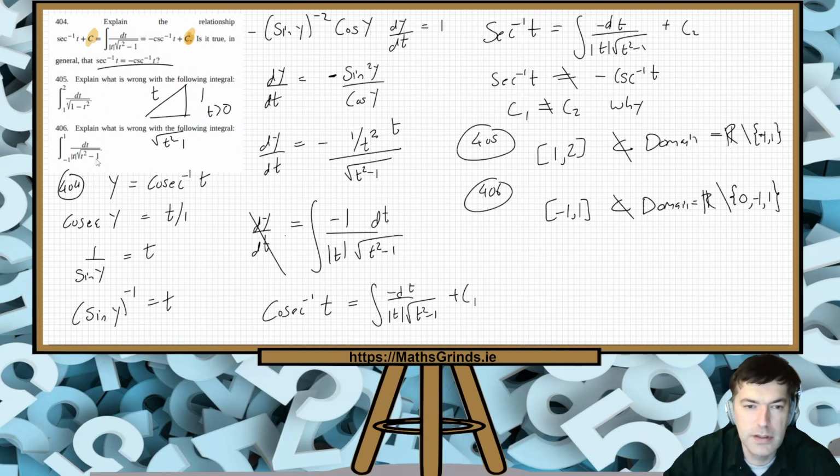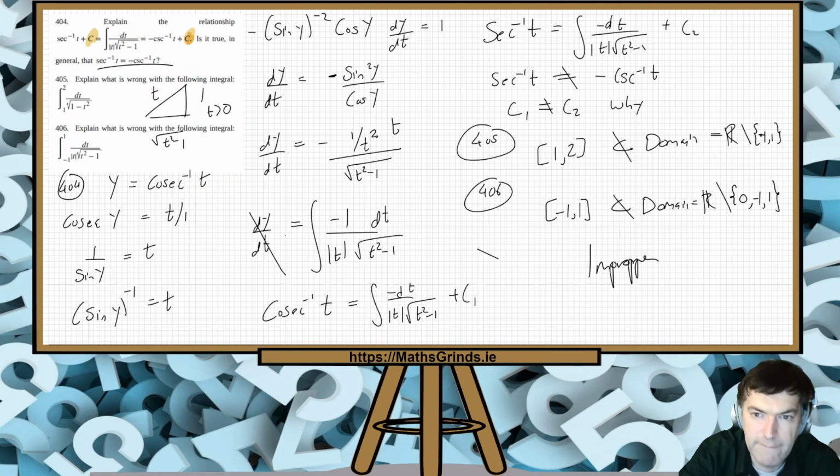I wonder what they say for the answer. It's called an improper integral. What one is this? 405, I can check. Oh, well, that's another reason too. You can't go beyond 1.